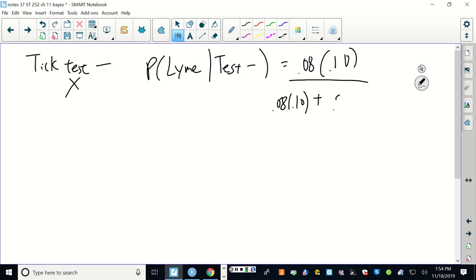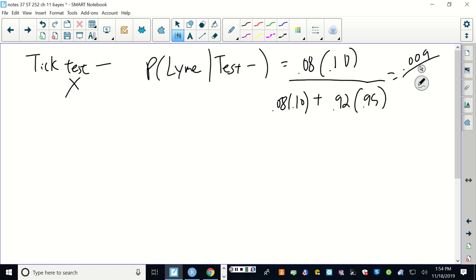And then there's 92% who do not have Lyme, and of those, 95% test negative. So when it's like this, that ratio ends up being quite small, about 0.009.